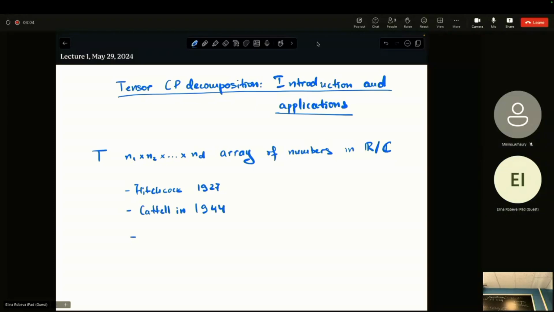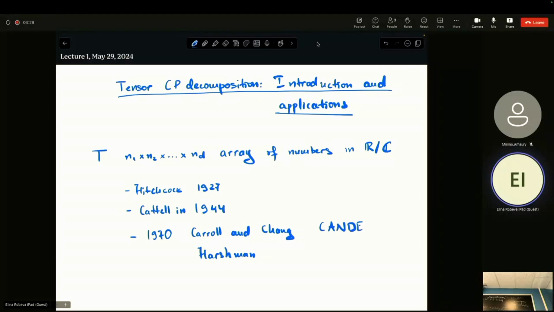Then in 1970 there were two papers in psychometrics that both simultaneously suggested it, by Carroll and Chang, and also Harshman. They called it CANDECOMP, and this one was called PARAFAC.